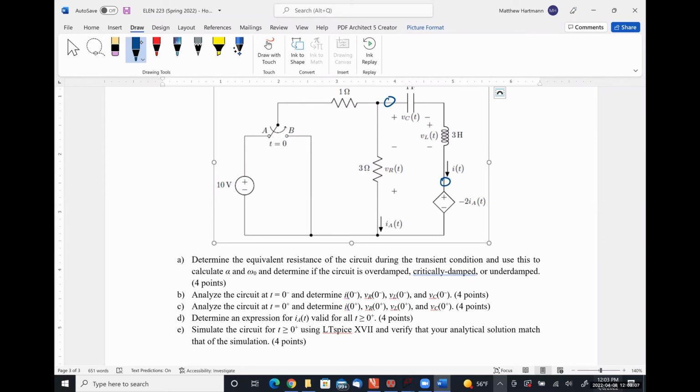Does that count as a nothing situation? Exactly right, which is why I didn't ask you to solve for it. If there are no independent sources left at t equal to infinity, you do not need to analyze the circuit at t equal to infinity. So we wind up with nothing if there's no more independent source in the situation. Exactly right, yes.